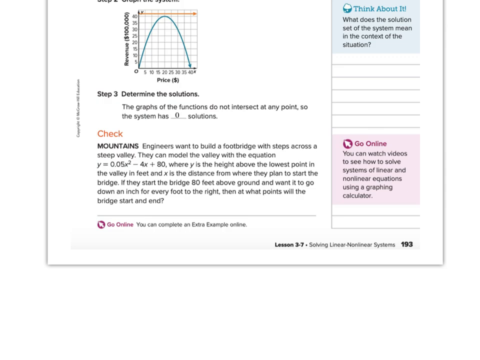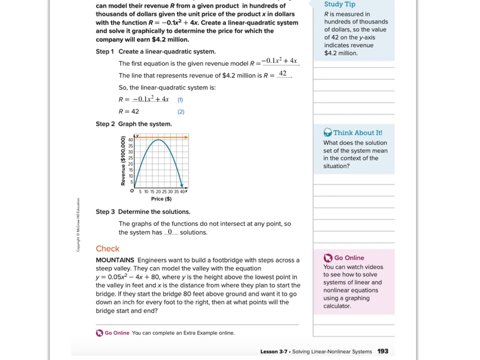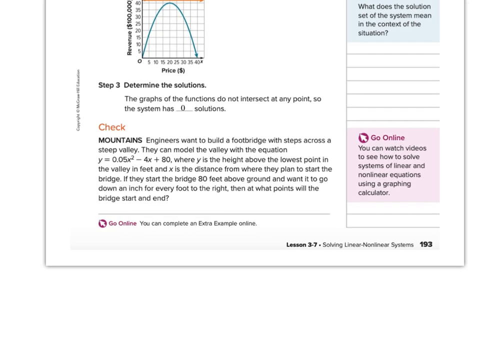So looking at this next word problem, let's see here. Engineers want to build a footbridge with steps across a steep valley. They can model the valley with this equation. I'm thinking the valley arbitrarily would look something like that, right?